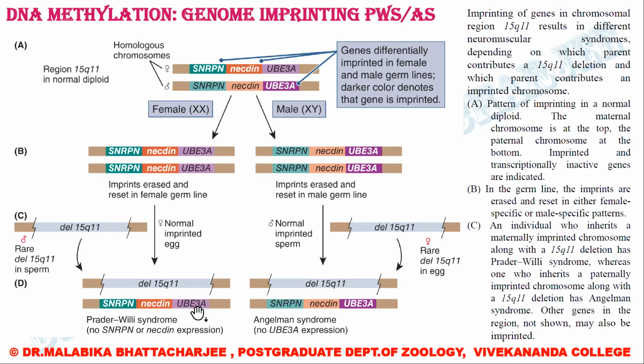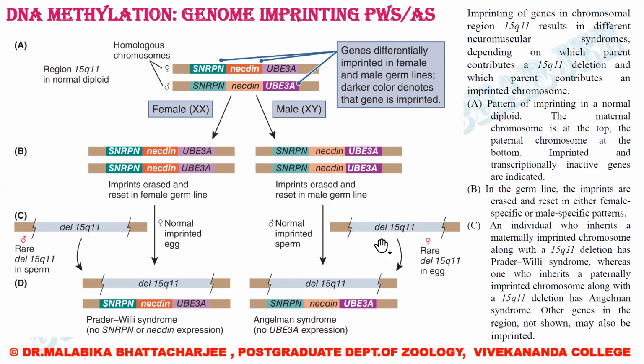Only UBE3A is giving a product, right? But in the case of a normal male, as you can see, these two genes were supposed to give a product. But due to a deletion, we see that in the mother homologue these two are imprinted, so we are getting a product of only this gene.